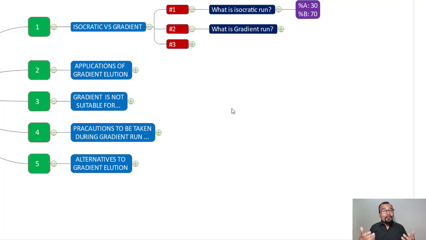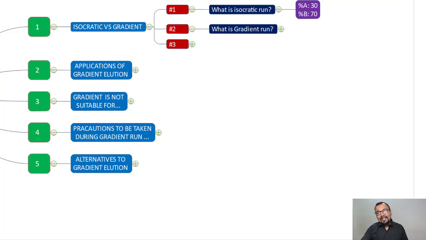In case of reverse phase chromatography, the content of organic solvent determines the strength of the mobile phase. So you will be able to change the content of organic solvent, and hence eventually will have a weaker or stronger mobile phase during the entire chromatographic run.